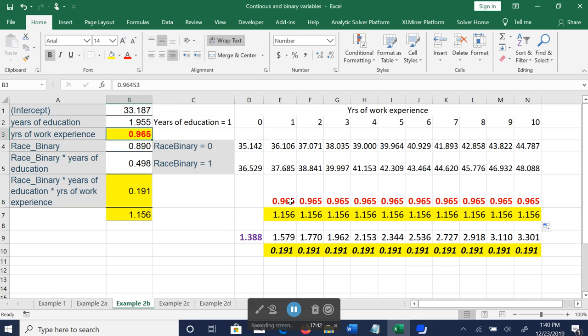So these coefficients refer to how the income is going to change for this racial group with 1 year of schooling if they gain additional years of work experience, and how the income is going to change for this racial group with 1 year of schooling if they gain additional years of work experience. And as you can see, these coefficients correspond to the sum of this and this.